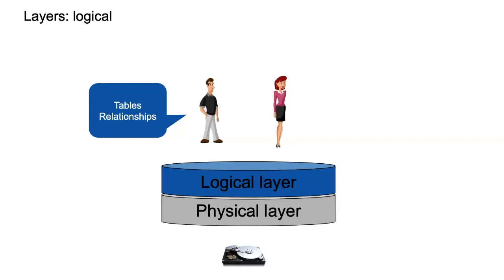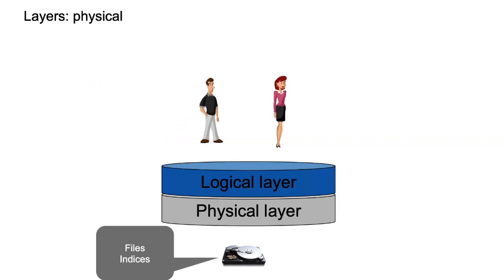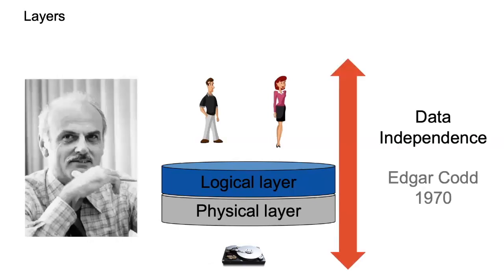In the case of an RDBMS, a relational database management system, your users just see tables and relationships and that's it. The physical layer is dealing with the files and so on, but the users don't even see that or care about it. It's like automagical. Everything just works.